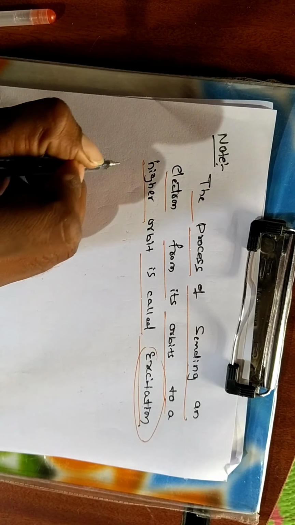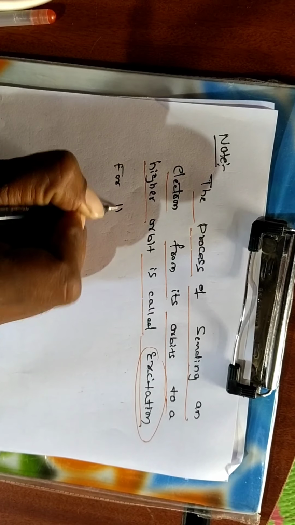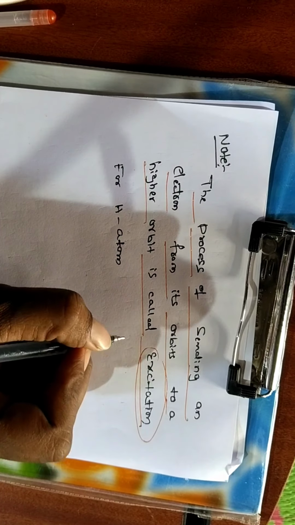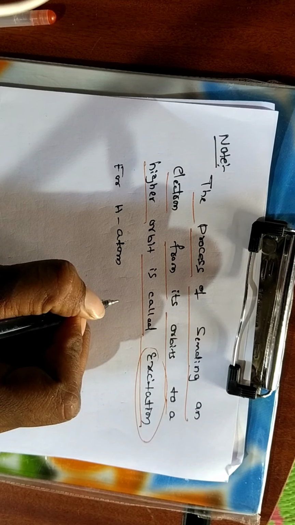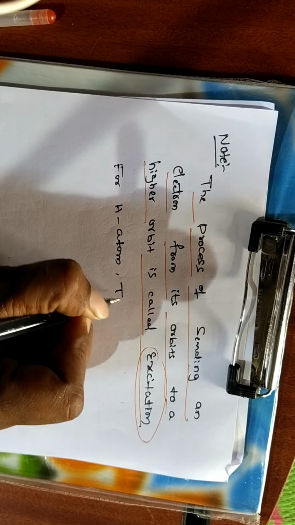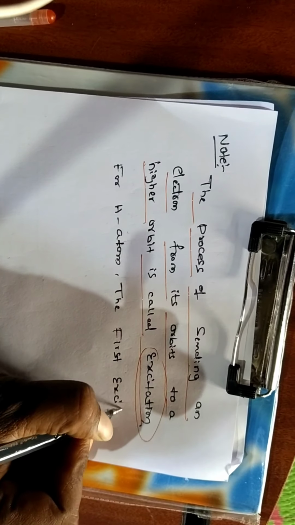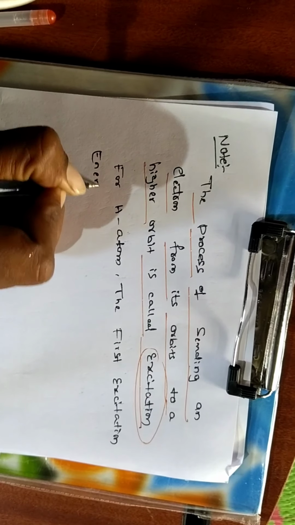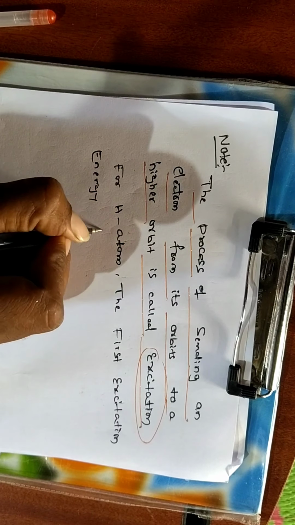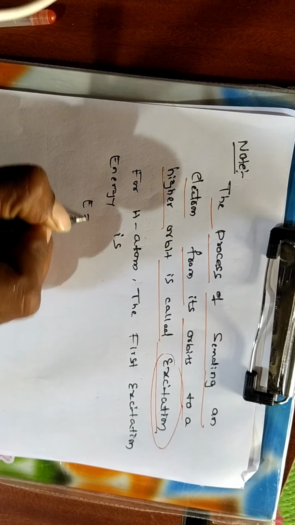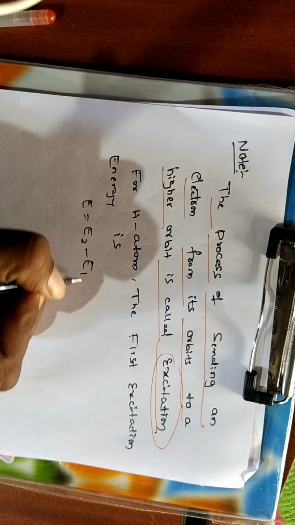For the hydrogen atom, the first excitation energy is E is equal to E2 minus E1.